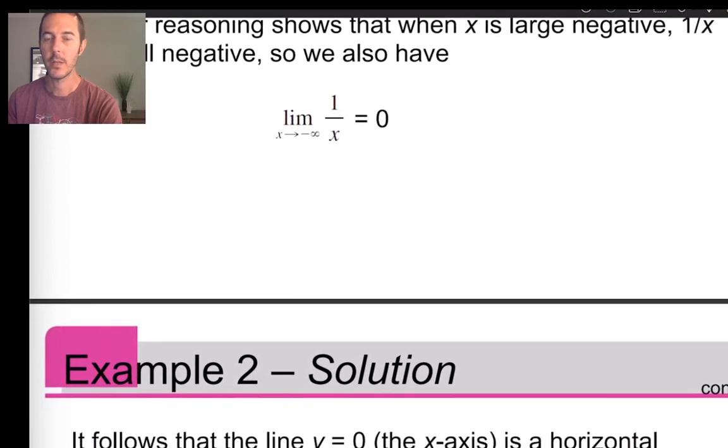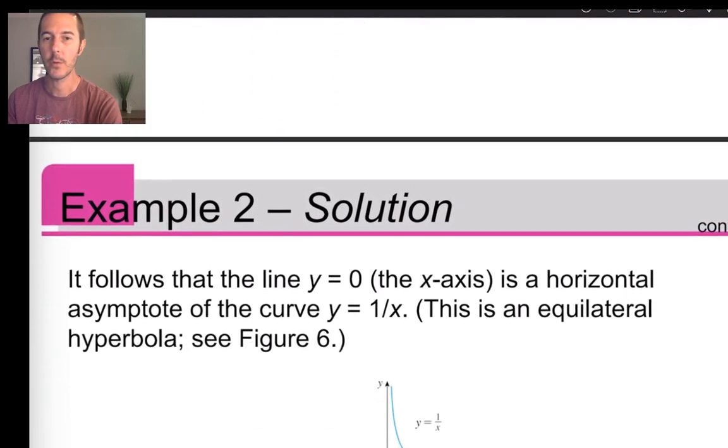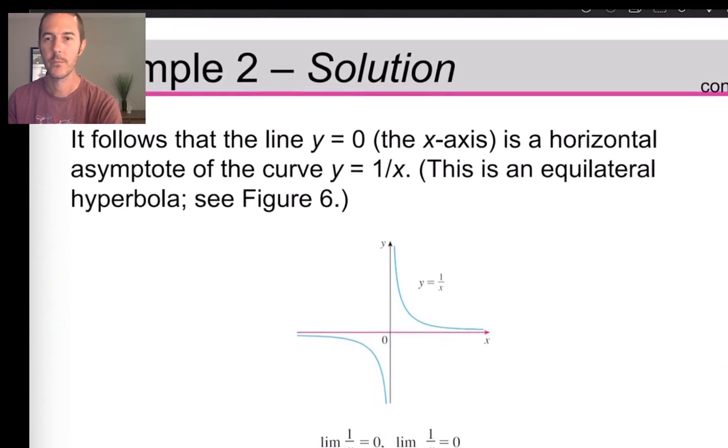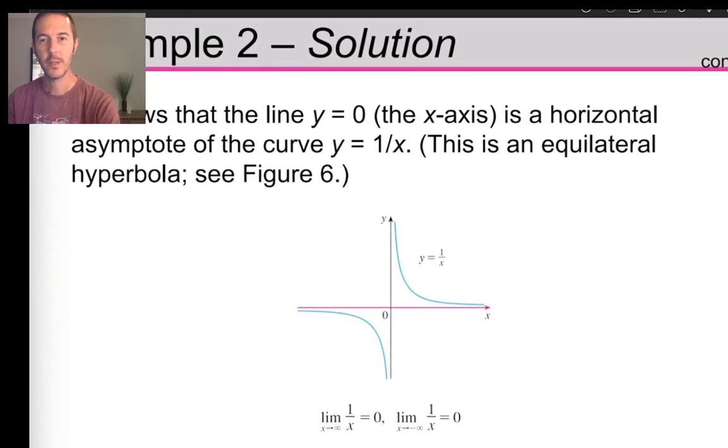So the limit is equal to 0. And since that limit, as x approaches positive or negative infinity, is equal to 0, we can say that y equals 0 is a horizontal asymptote.